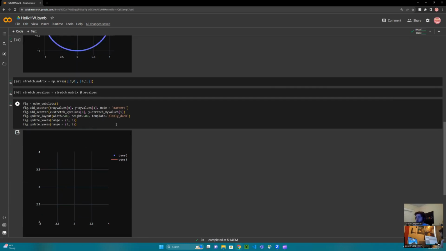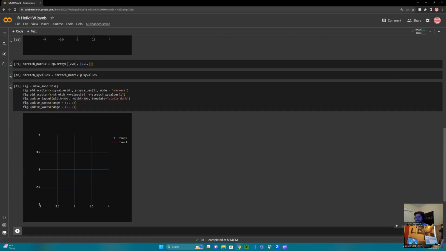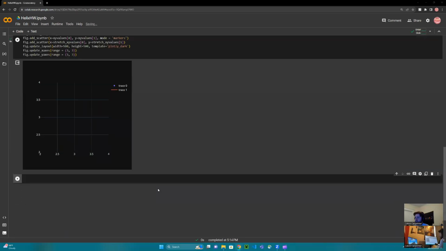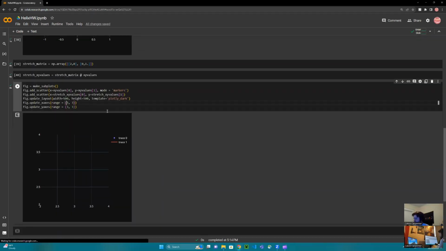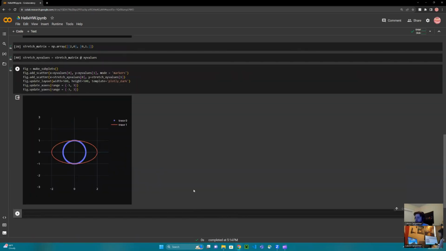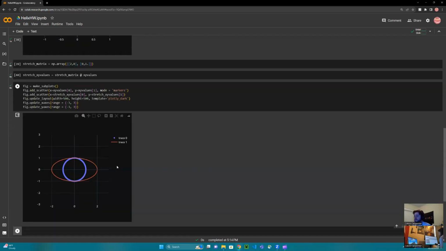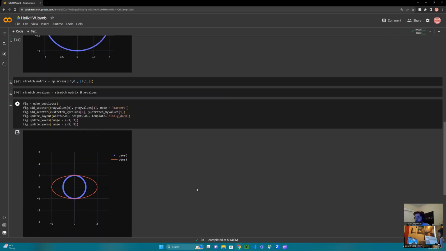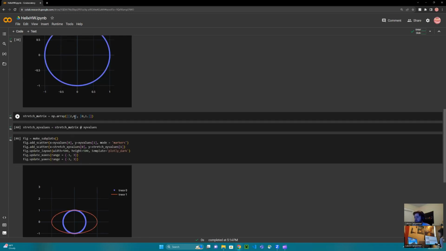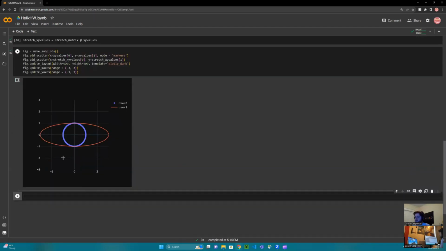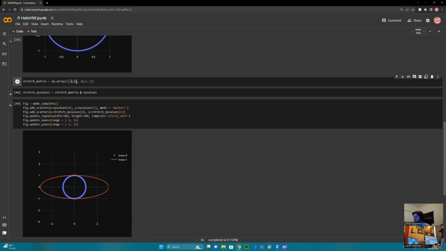Oh, cool. That looks great. Sorry, having a little difficulty here. Okay, that looks better. So now we've stretched our data points in the x direction, I believe by a factor of 2. Let's see what happens when we change it to 3. Yeah, it gets wider. So it'll stretch based on the value that you type in here.